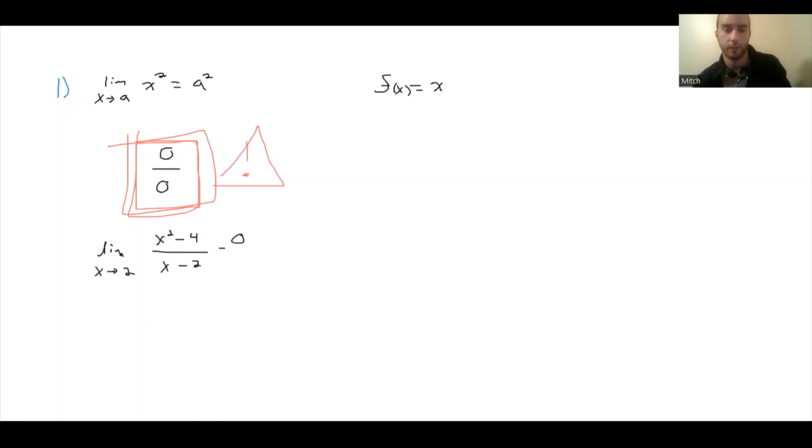And so what we do is we'll factor it. So we'll say that this is equal to the limit of x approaching 2 of, this is the difference of squares right here. Because this is x squared minus 4, and 4 is just 2 squared. So the difference of squares is just x minus 2 times x plus 2.